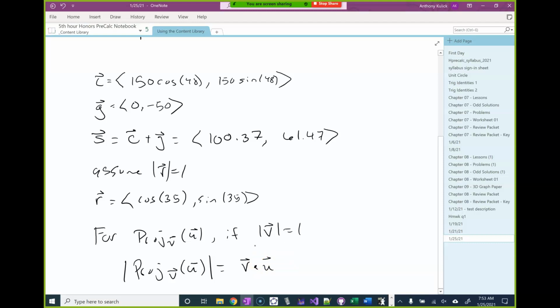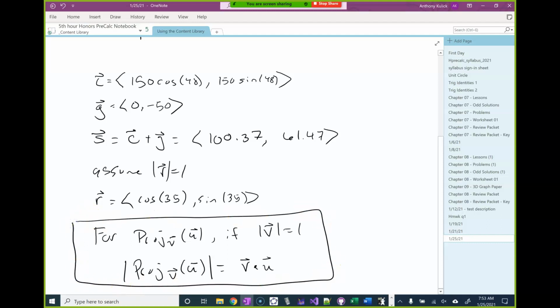So that's a little shortcut that we can use on some of these problems. You could still use all your definitions and the formulas, but this will shortcut a little bit of it. You may have noticed that happen in the homework a couple of times, and wondered why you were getting the same number for the dot product as for the projection. It happens in that situation, and it has to do with the magnitude of the vector you're projecting onto being 1 already.